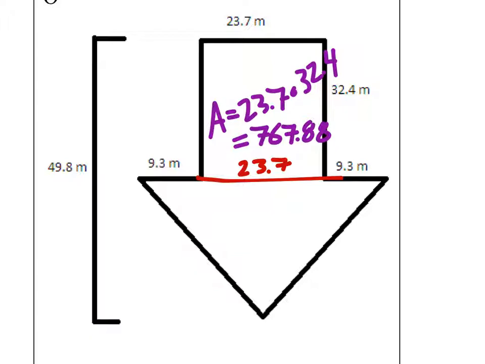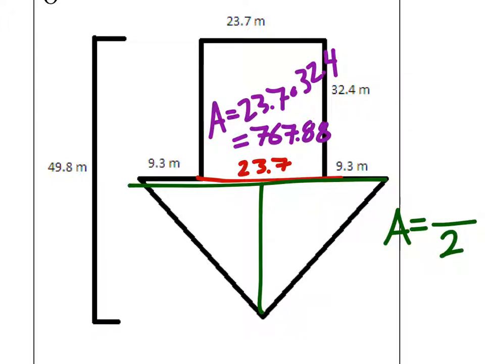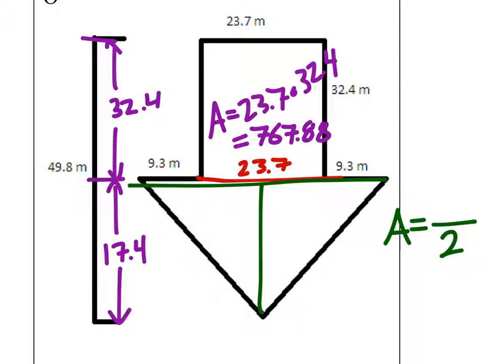But we need the height of this triangle right here, and also the base value, in order to find the area of the triangle. And whatever that is, we're going to divide it by 2. All right, so the height, we can see that this length right here is 32.4. So you did the 49.8 minus 32.4. Yeah, and that's the height, 17.4.